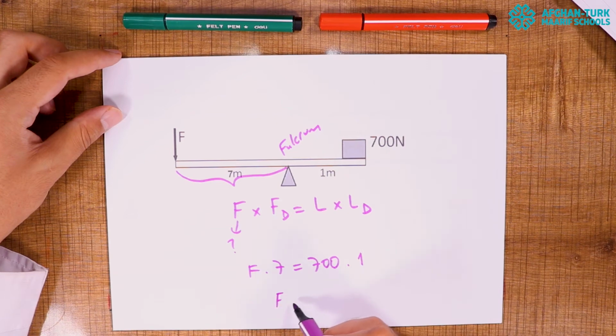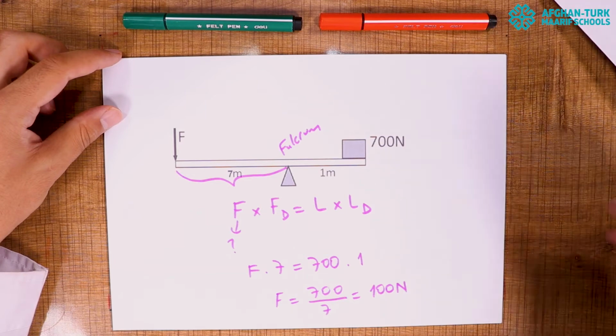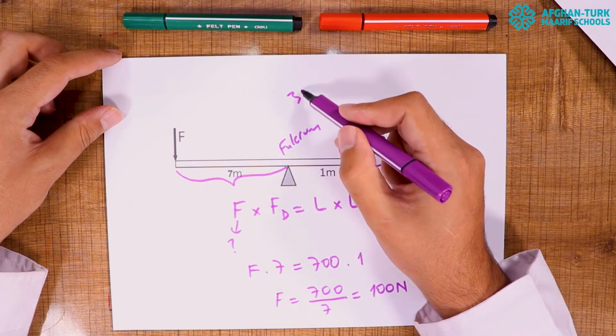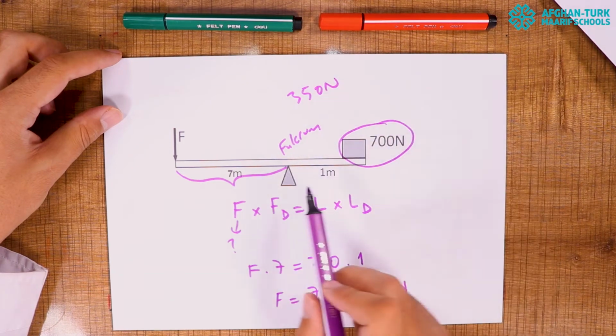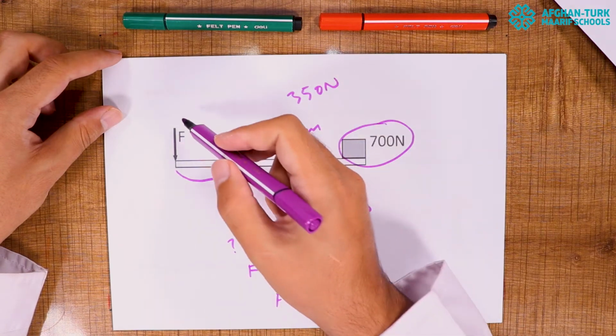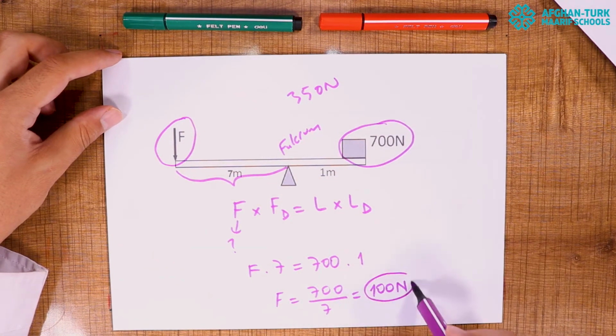From here, I can find 700 divided by 7, that's equal to 100 Newton. At the beginning, to lift this load, I need 350 Newton. But if I lengthen the force distance, the required force decreases to 100 Newton.